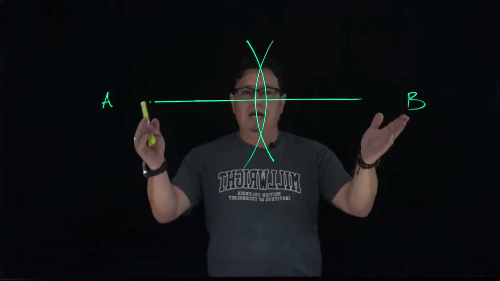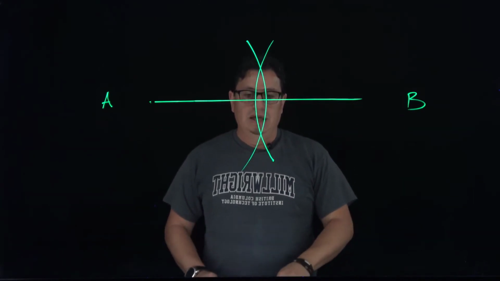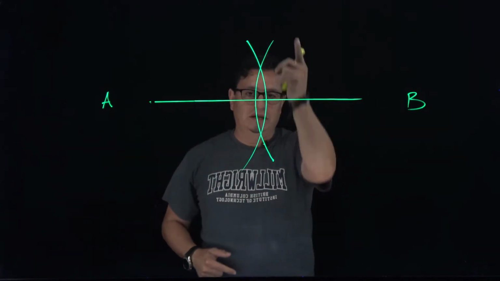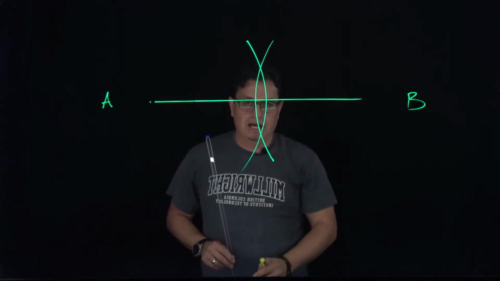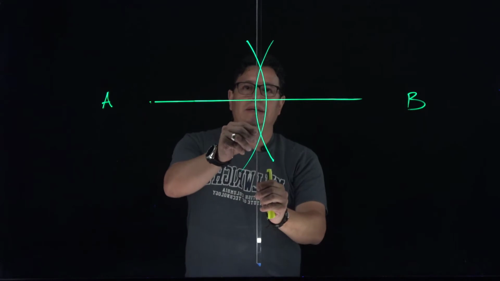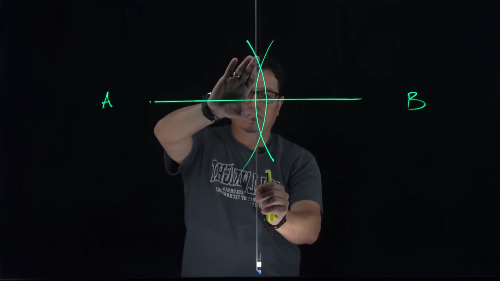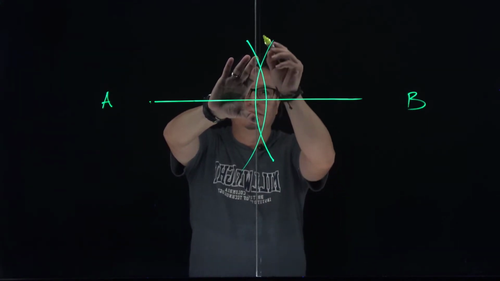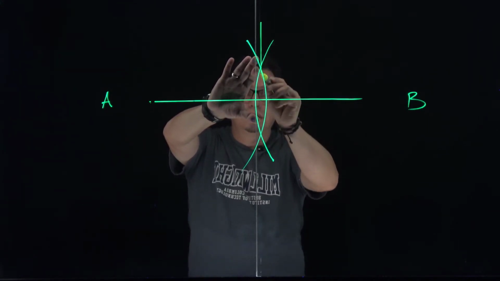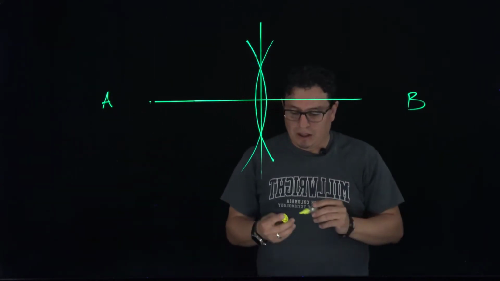Now that we have created the two arcs on our straight line, the bisecting of these two arcs will allow us to create a perpendicular line that would be exactly 90 degrees to the original line.